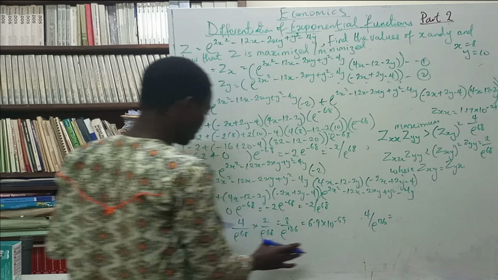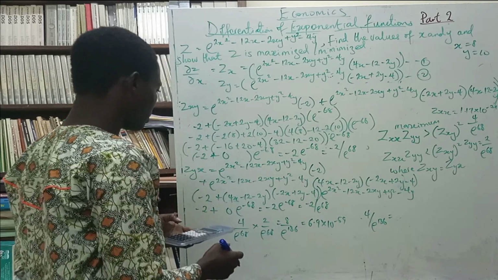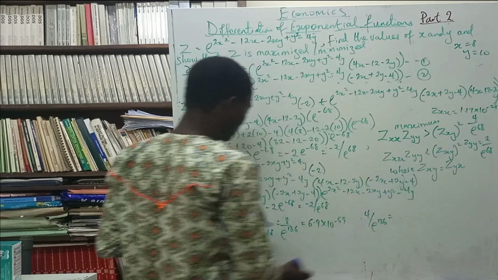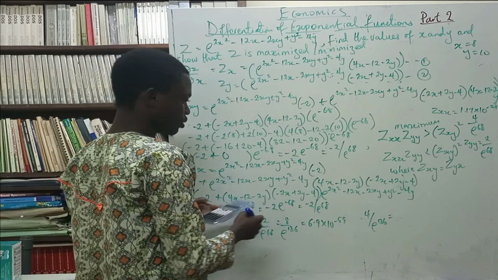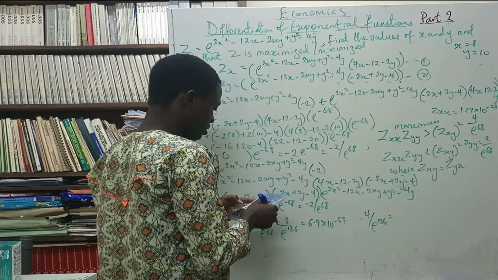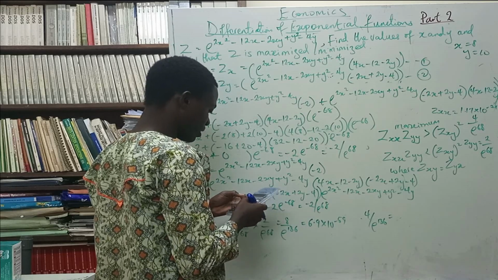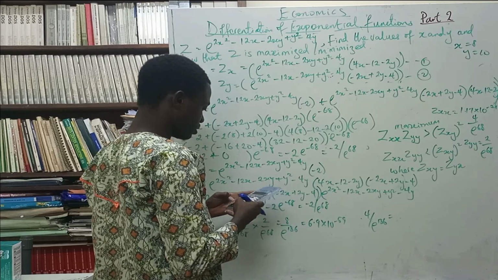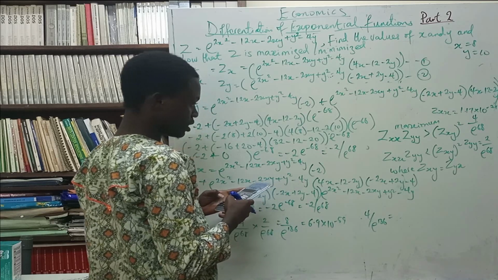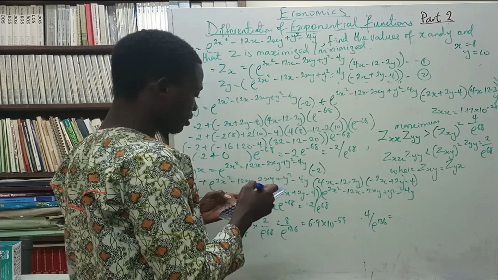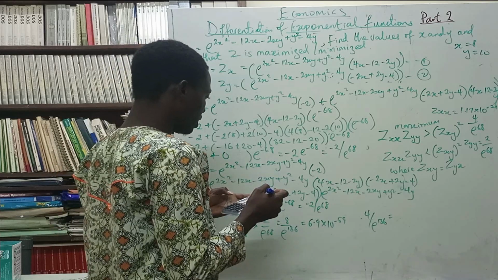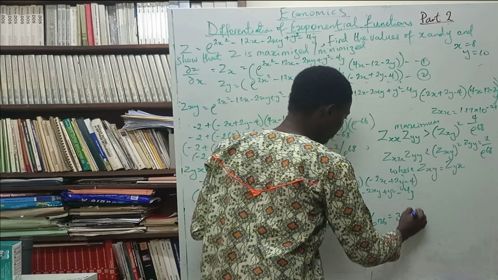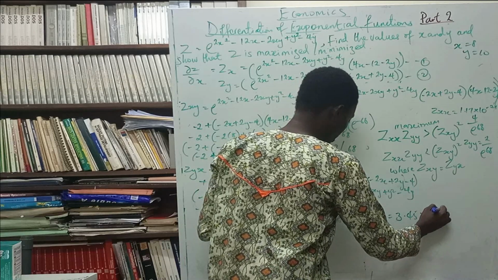We have to square this because that's what we have here. So zxy squared is 4 divided by e raised to power 136, so that's going to be 3.45 times 10 raised to power minus 59.